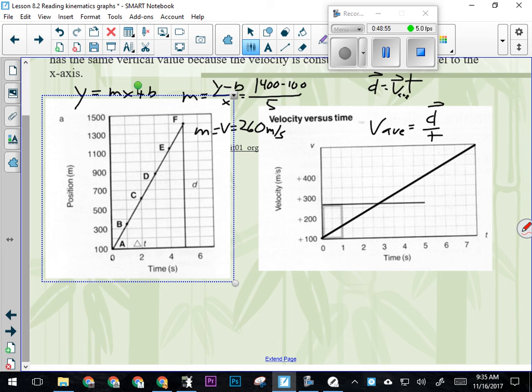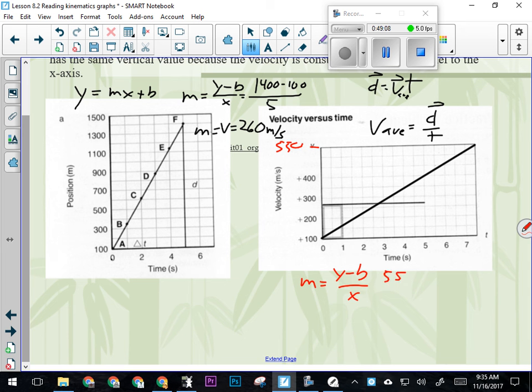I'm going to use still m equals y minus b over x. I kind of ran out of numbers here, but this is 450, 500, 550. That would be that top one there. So I'll just use 550 minus 100 over 7.5 seconds.